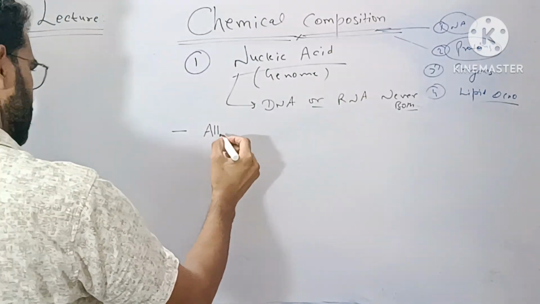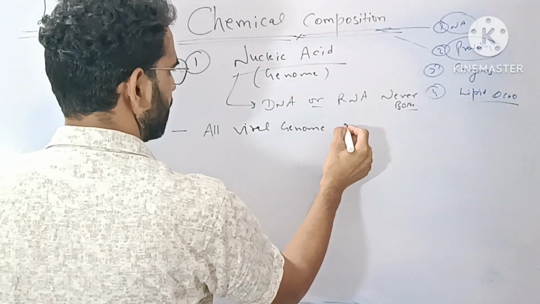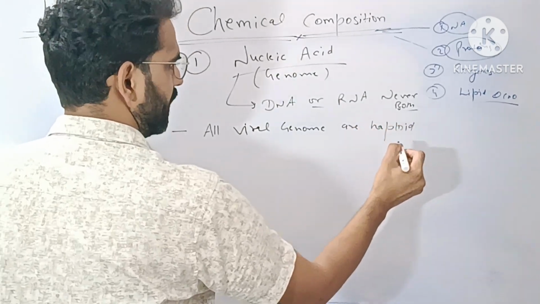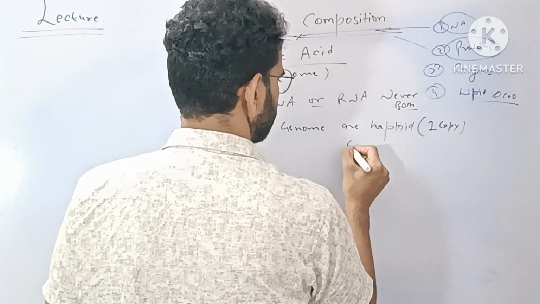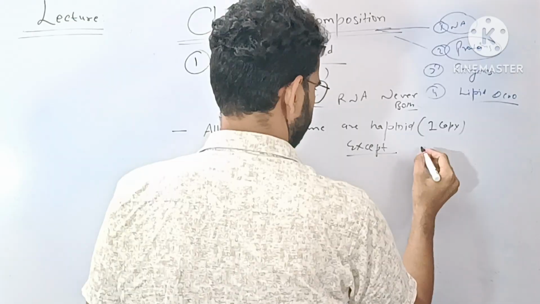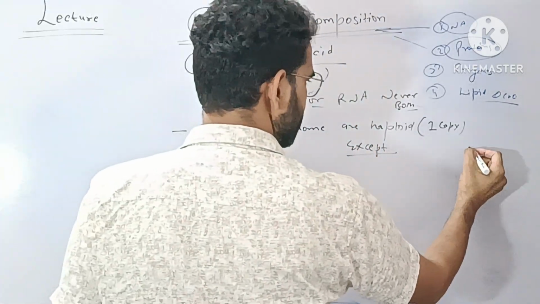All viral genomes are haploid. Haploid means they contain one copy, except there is one which contains two copies.